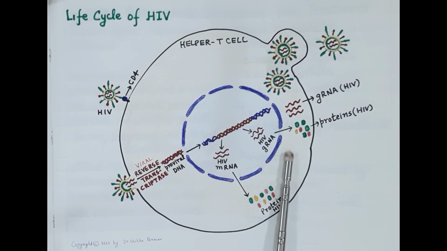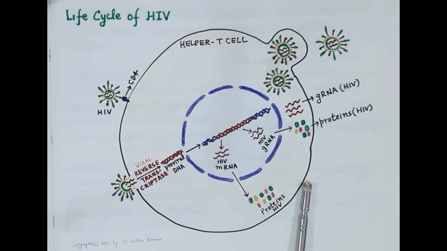So HIV infection progressively increases, and finally it causes AIDS. Now use of antiretroviral therapy prevents progression of HIV infection, and thus it prevents development of AIDS. So this is all about the symptoms, transmission, prevention and pathogenesis of AIDS.